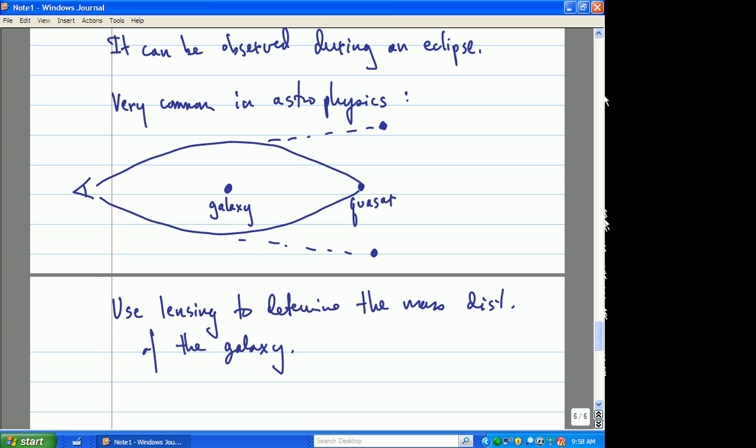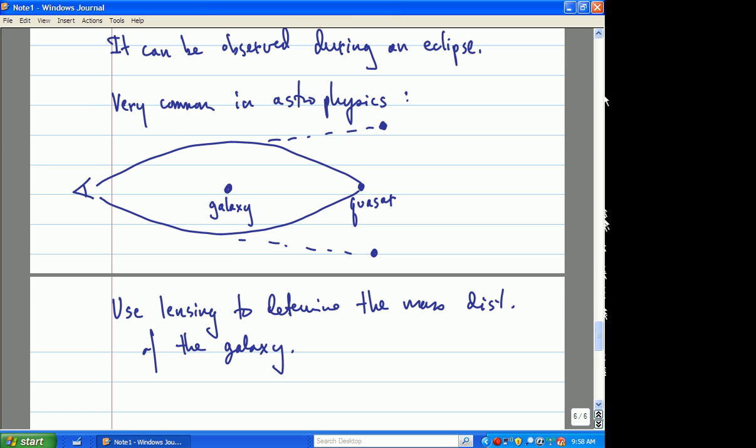So, if you have a perfect setup where your eye, the galaxy, and the quasar all lie on a line, in fact, you will not just see a double image, you'll see an entire ring of images that you would obtain by rotating this image around the axis between our eye, the galaxy, and the quasar.